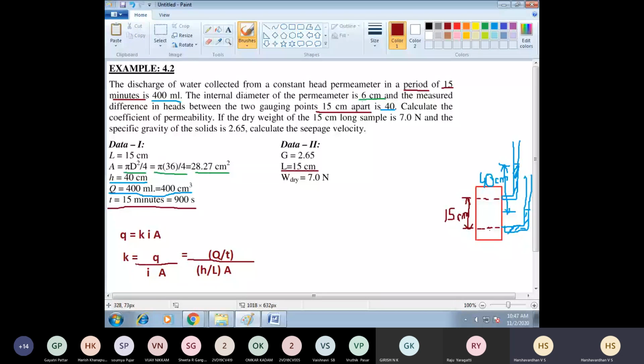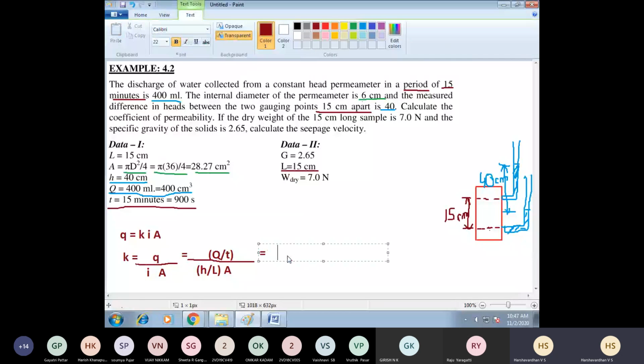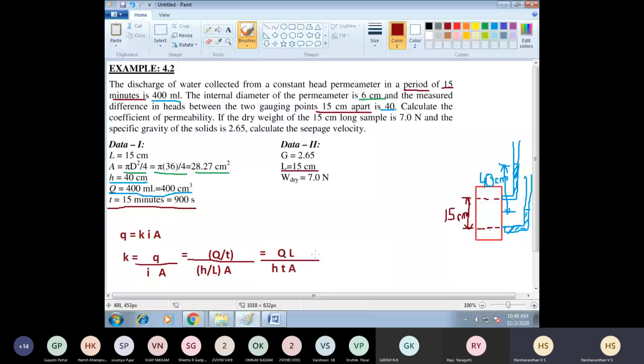If you rearrange the terms, it will be capital Q into L, the L will come to the numerator, and H into A in the denominator. So please calculate the coefficient of permeability and tell me the answer.